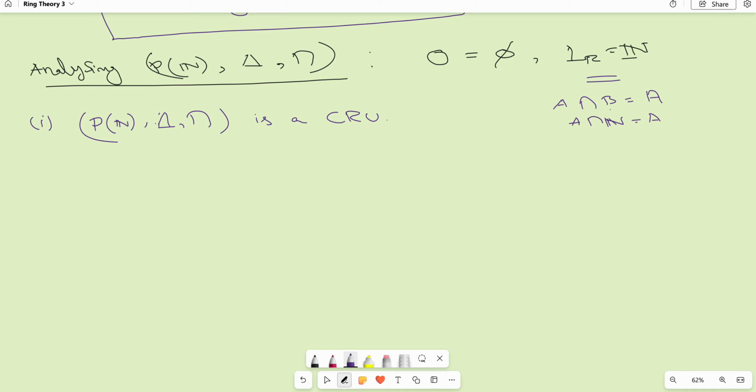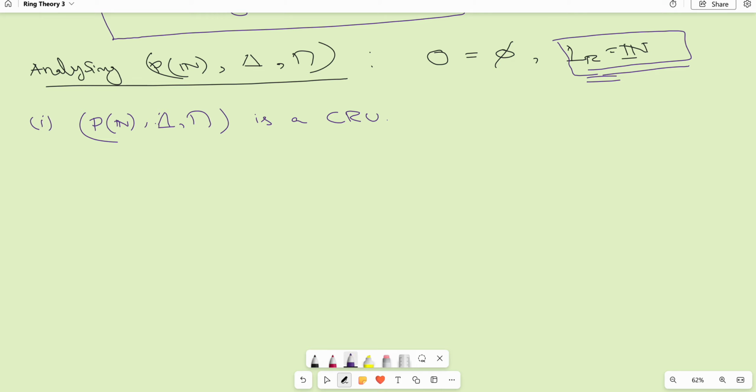A is contained in the natural numbers, so it will definitely give you A. So N, the entire natural number set, is a unity element here.